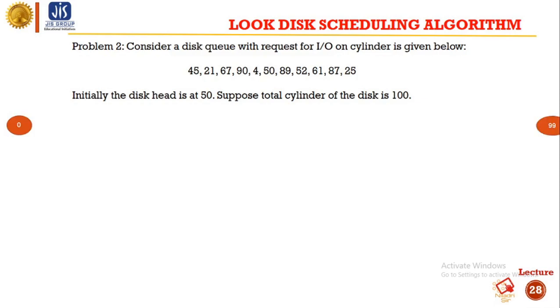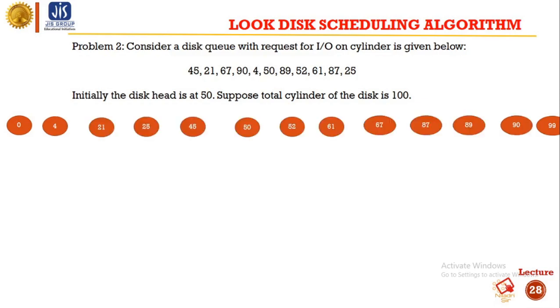After that we will put all the other elements in ascending order. As you can see, we have put all the elements: 4, 21, 25, 45, 50, 52, 61, 67, 87, 89, 90, 99.